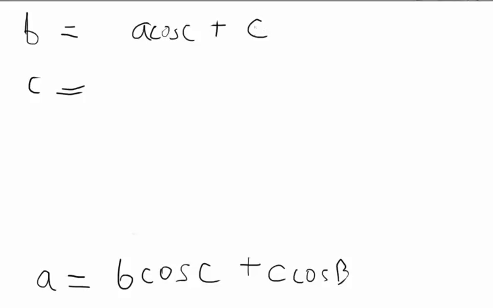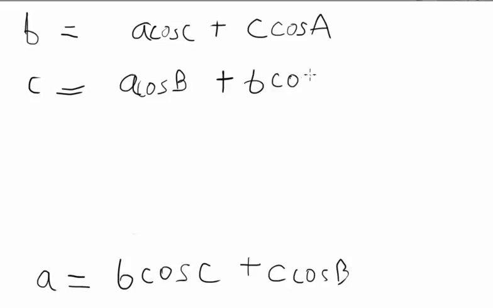Since I have c here, I'll multiply this by cosine of a, so c cosine of a. And for c, c is equal to a plus b. Since I have a here, it's going to be multiplied by cosine of b, and since I have b here, it's going to be multiplied by cosine of a.